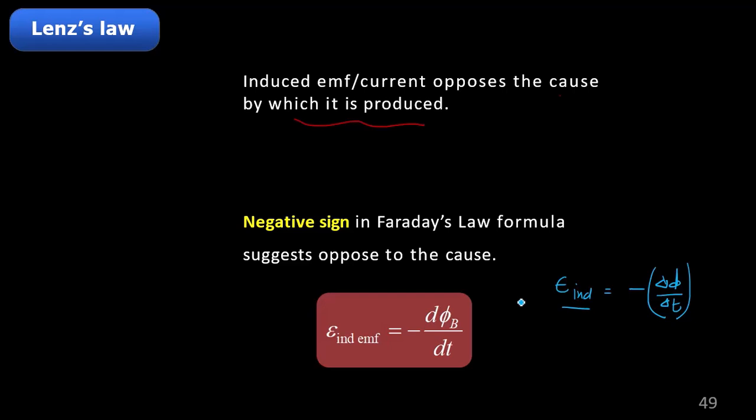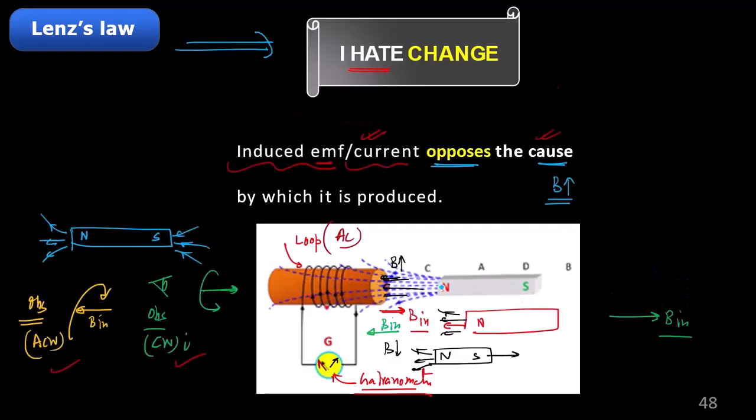Why? Because whenever I am moving this magnet, it will take some amount of time to produce the delta phi effect. So as I am moving slowly towards the loop, what I am observing is that the flux through this loop is increasing, right? Because the magnetic field is increasing, the flux is increasing. That means there is a rate of change of flux.